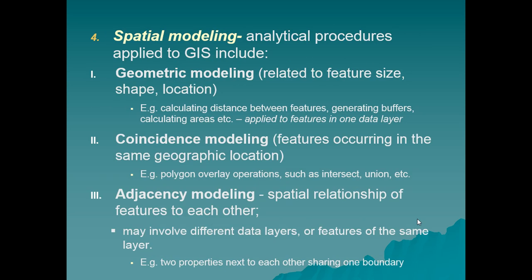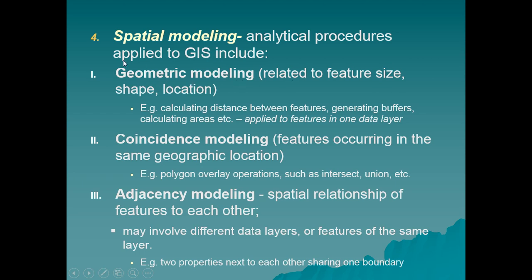And the final step in spatial analysis is what we call spatial modeling. This goes a little bit beyond selection and queries, etc. This is an analytical procedure that we apply in GIS, and it may be of different types. For example, the first one, you may have geometric modeling.